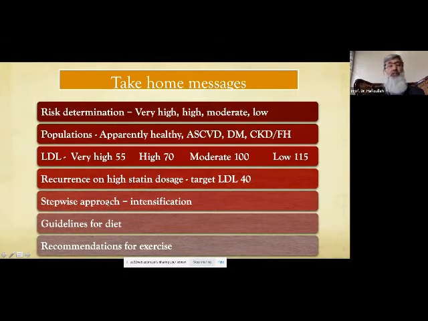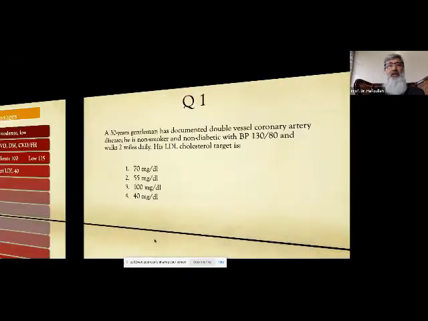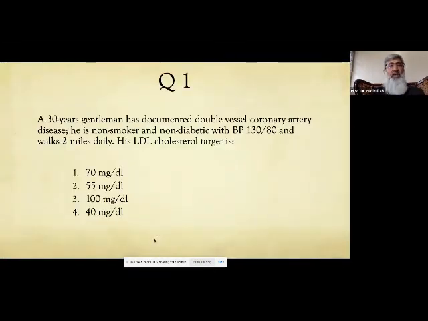We should use a stepwise approach and intensify, and always keep thinking about how to improve the patient's risk profile. I've also shared some guidelines for diet and exercise. Now the time goes back to our questions that I posted before, and I want your answers.